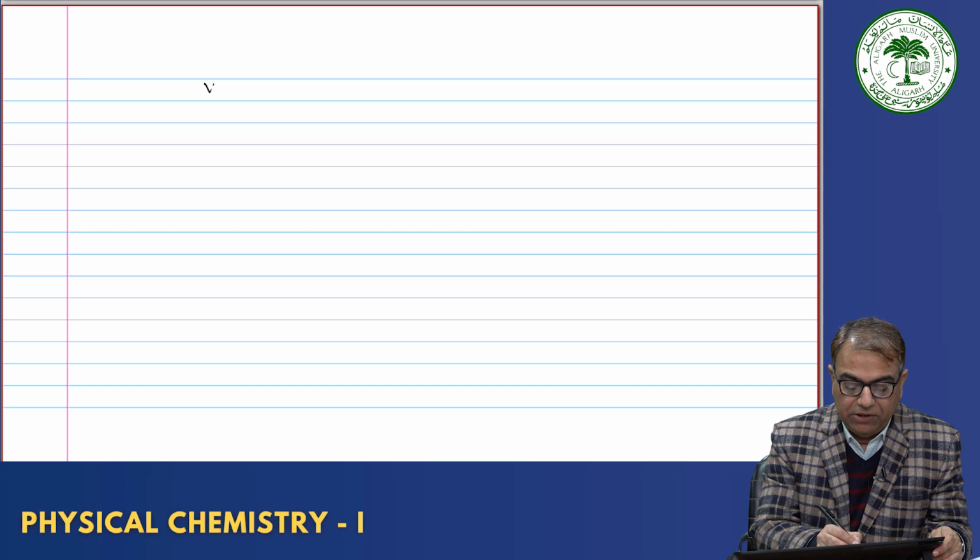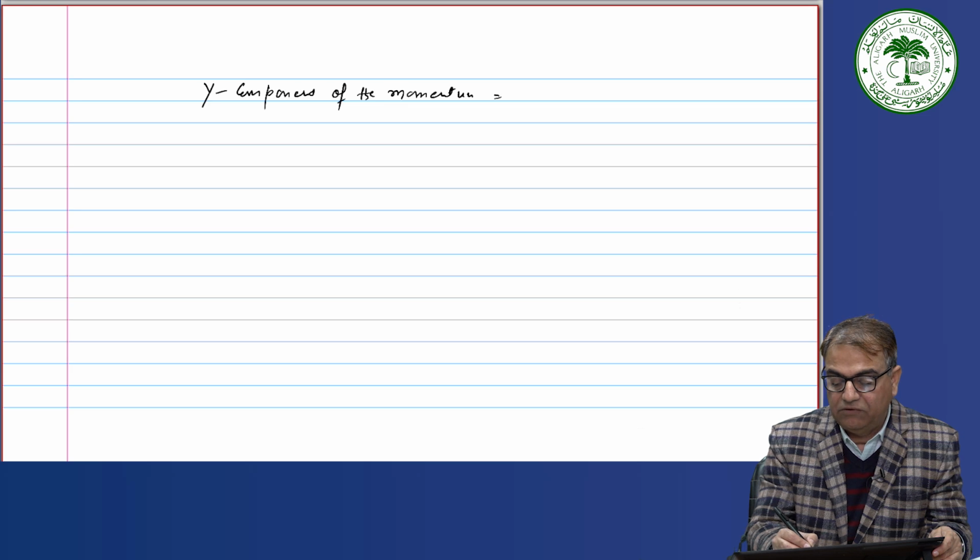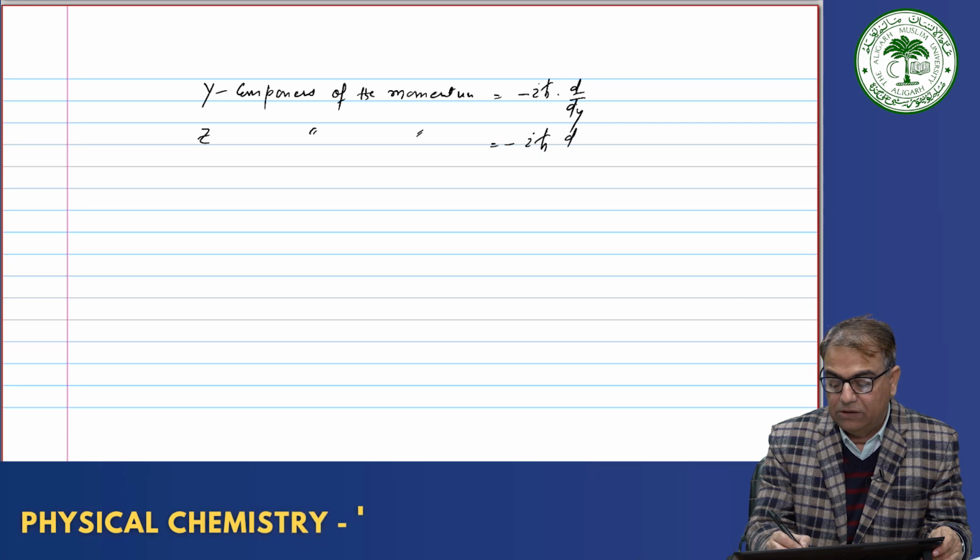So it is y component of the momentum, then it will be minus i h cross d by dy. Z component of momentum will be minus i h cross d by dz and so on.